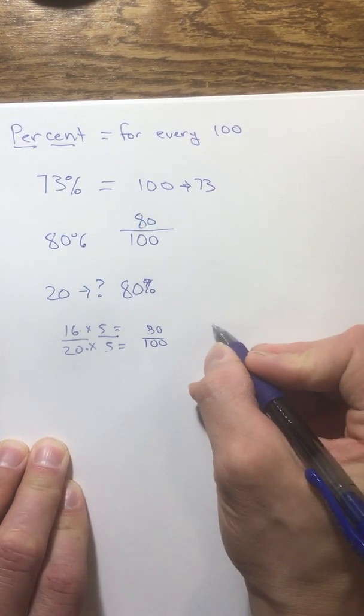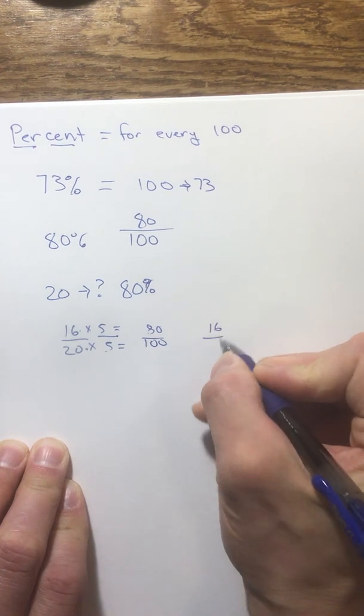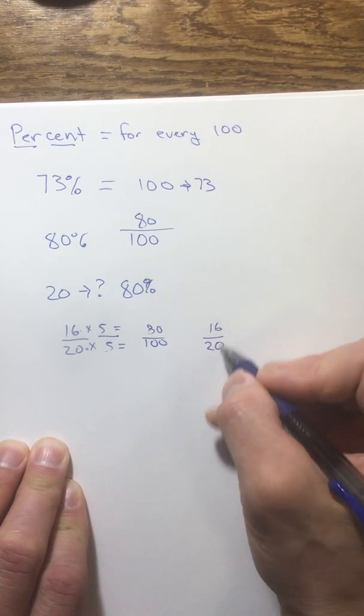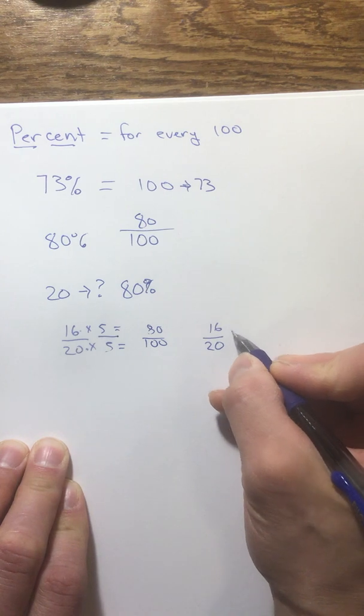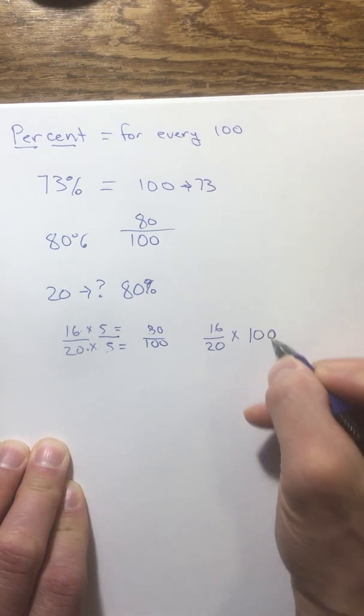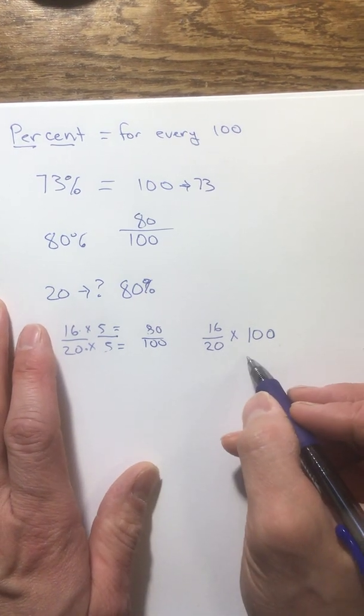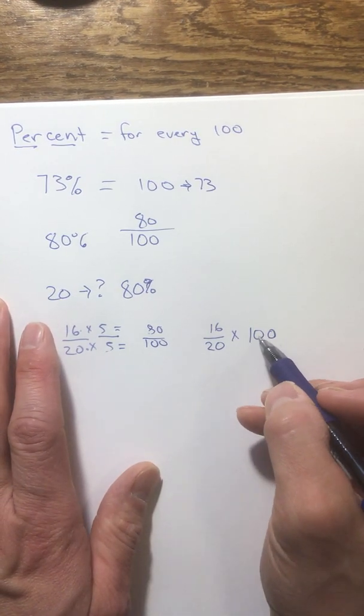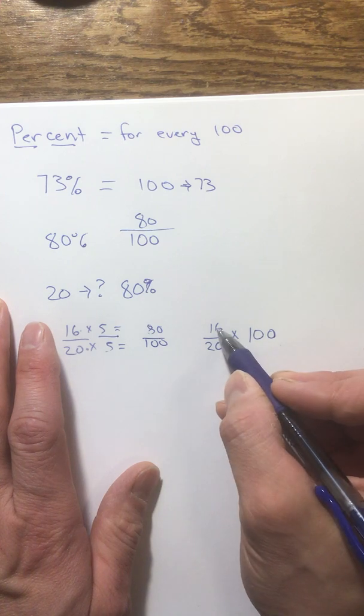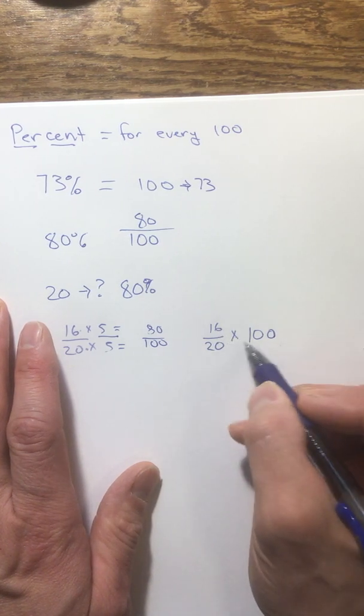Another way we could do that is to take the fraction 16/20ths and figure out what that is in 100. Take 100 times it. There's a couple different ways you can go about that, but the easy thing to remember is that you times it by the top and you divide it by the bottom, and you can do that in any order.